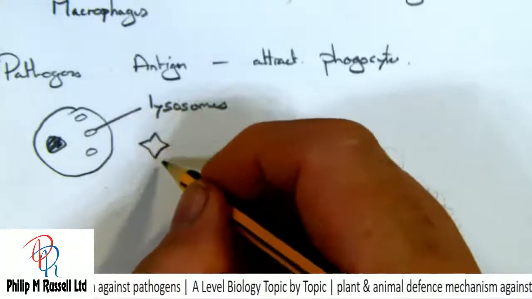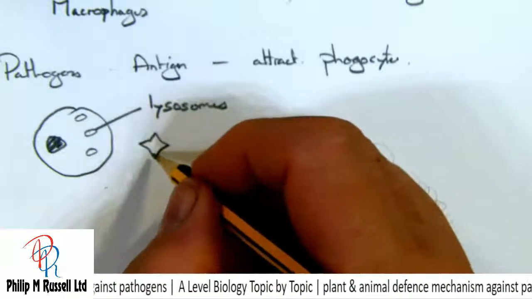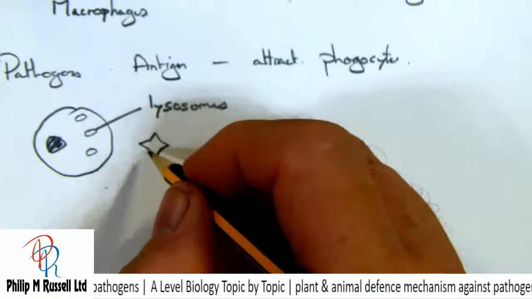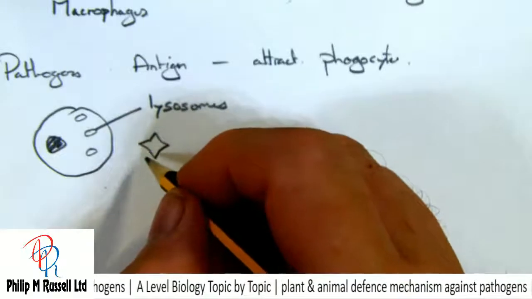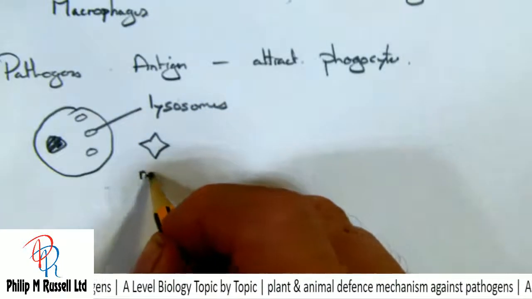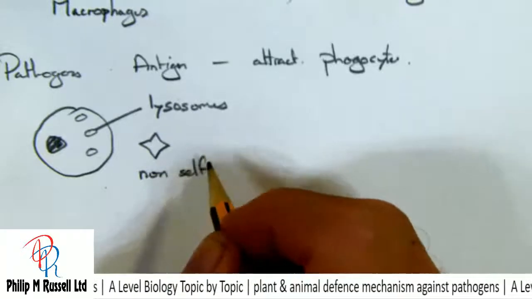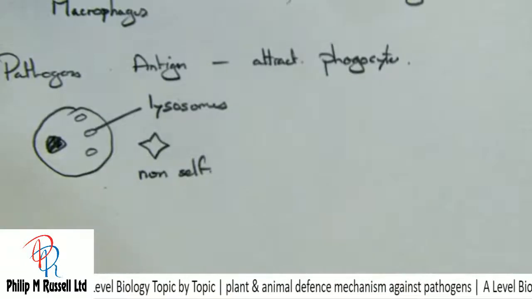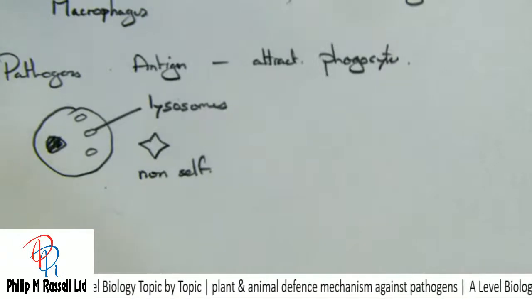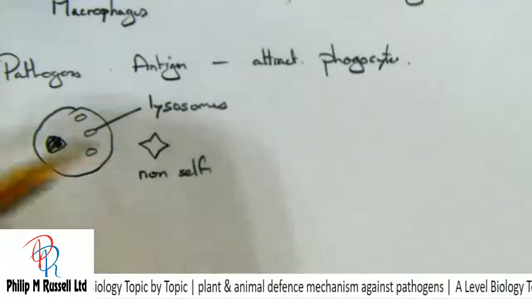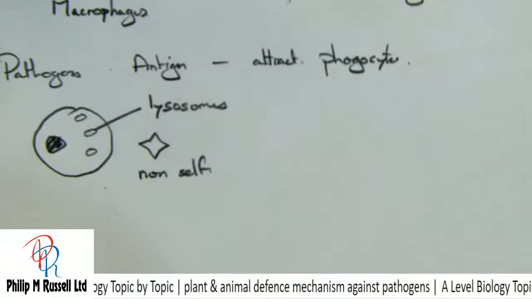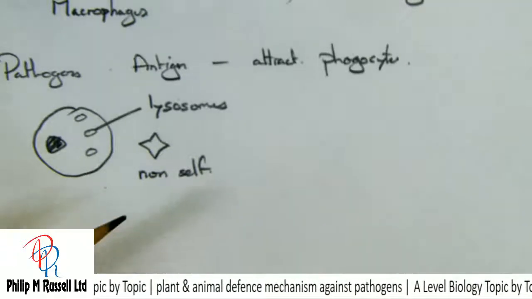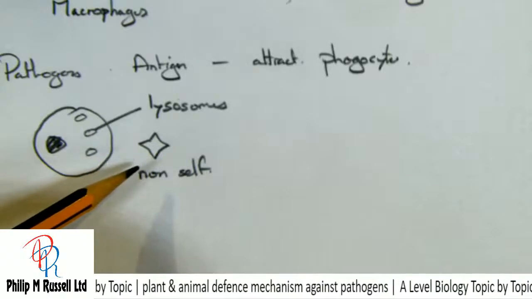It's scenting the antigens and moving towards the strongest concentration of these, and it's looking for something that is basically non-self. All your cells have little labels on them that say, this is me, this belongs to me, whereas this pathogen doesn't have that. So these phagocytes recognize this as being non-you.